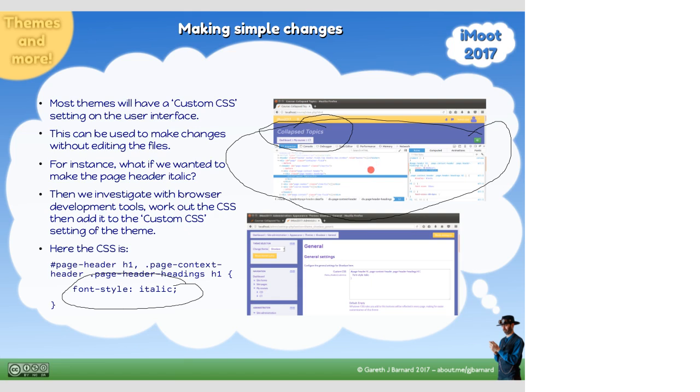But once you've worked out what it is, a lot of things will have a custom CSS box, which you can then post that in if you're an administrator, or get the administrator to put that in for you, just to change the look and feel of the site or specific courses. There are loads of ways of doing it, really great for working things out and changing the look and feel.